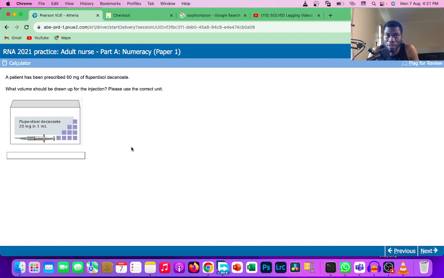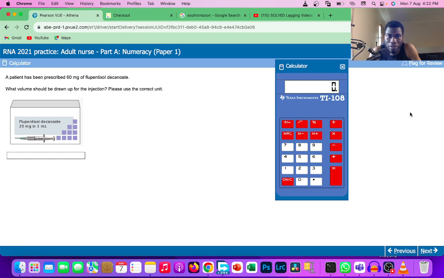So the next question is: a patient has been prescribed 60 milligrams of flupentixol decanoate. What volume should be drawn up in the injection? And then here 60 milligrams, but it comes in 20 milligrams in 1 mil. So you multiply the 60 by 1 mil and divide it by what? 20 milligrams. Right? Make use of a calculator.